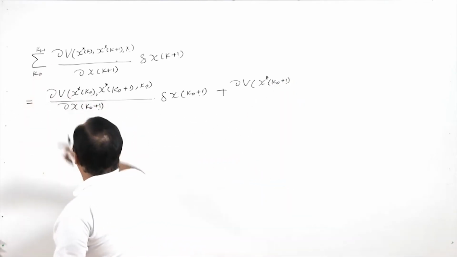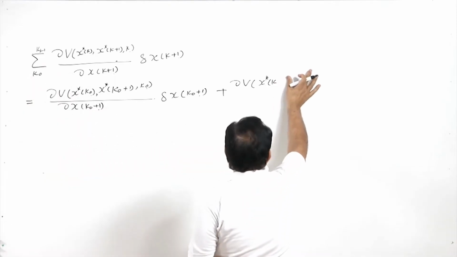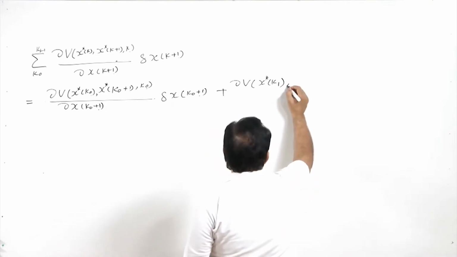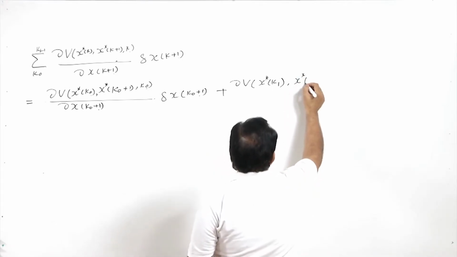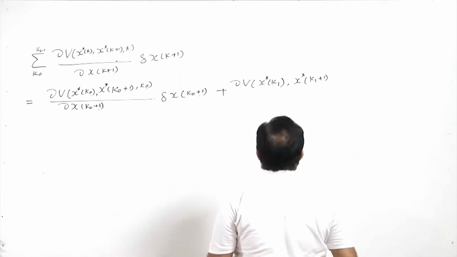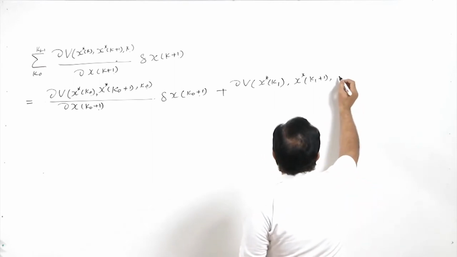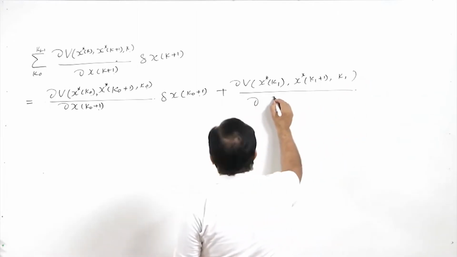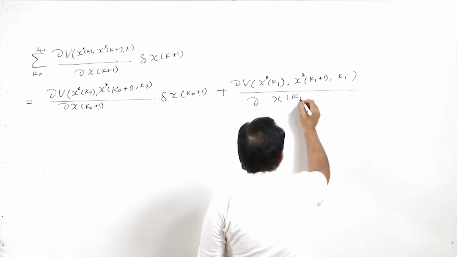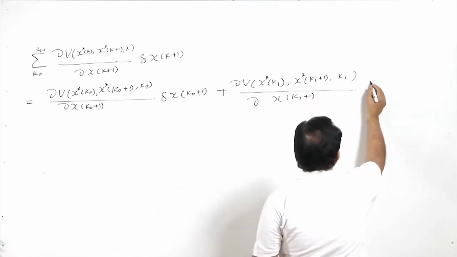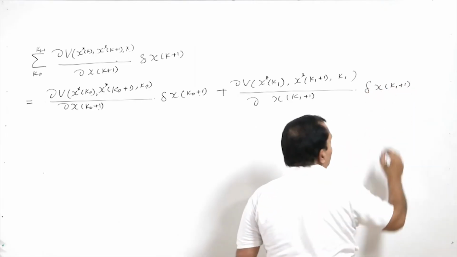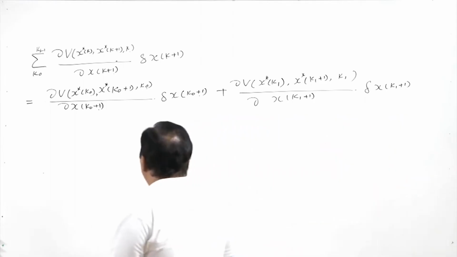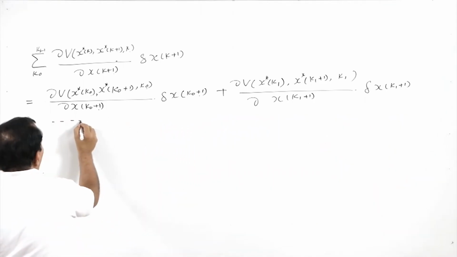My first term is k0, second term will be k1, x star at k1 plus 1, k1 by del x of k1 plus 1, delta x of k1 plus 1. So, this will be my second term.